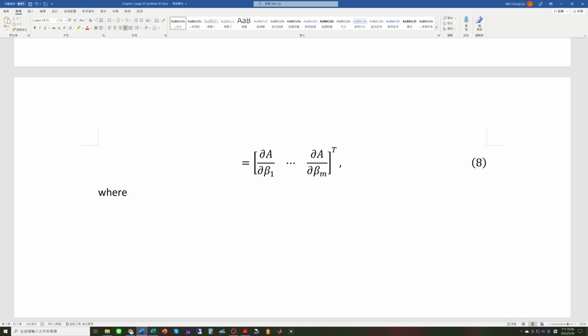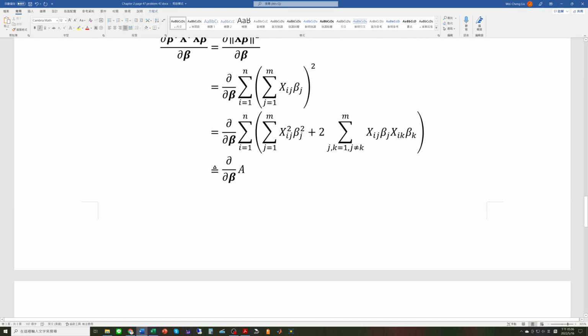Where, let us compute partial A over partial beta M, which is equal to partial over partial beta M, and put A here.